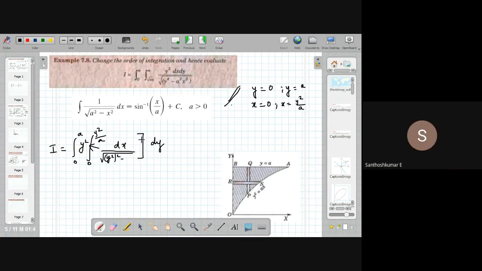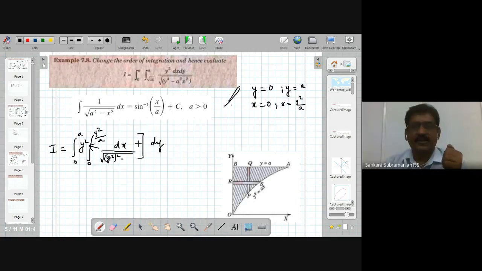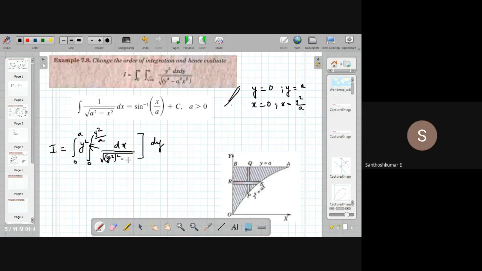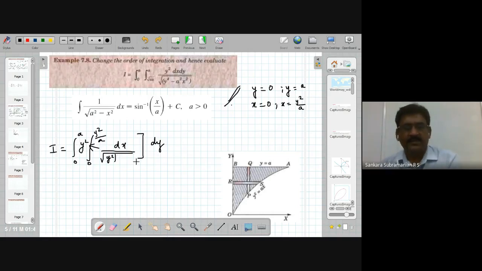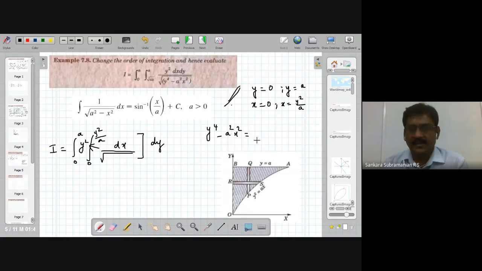We can take a square outside, he says. Taking a square outside, this becomes y power 4 by a square minus x square. So what he says is correct.